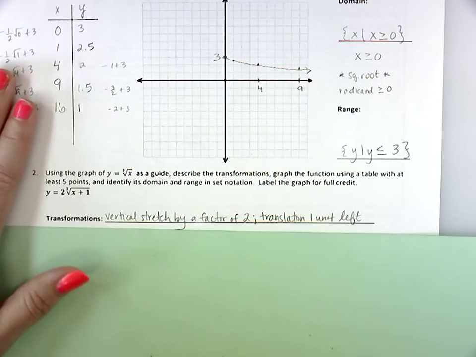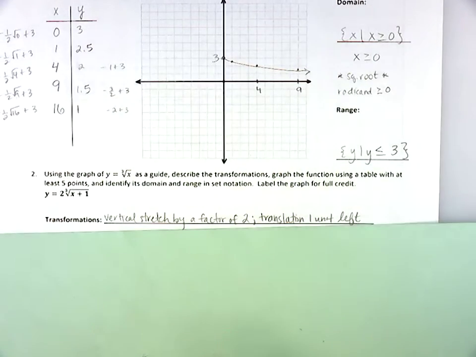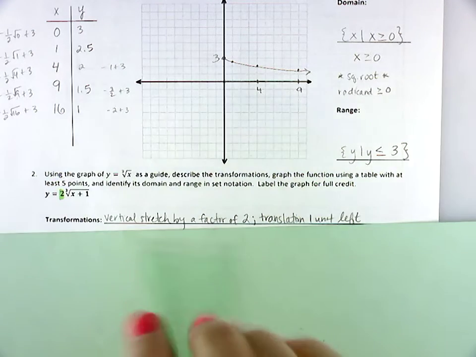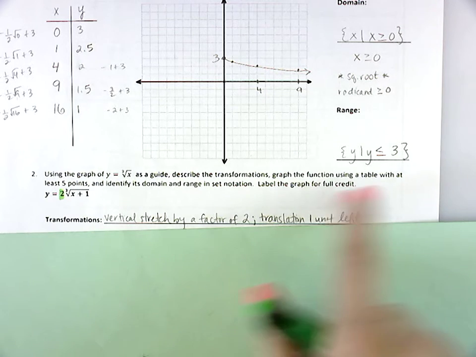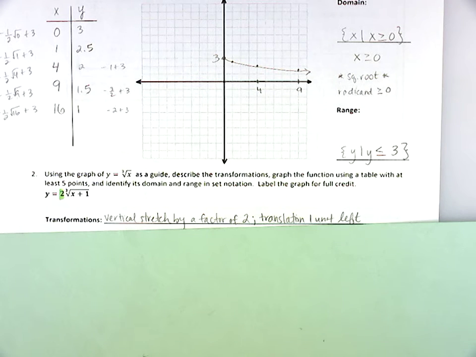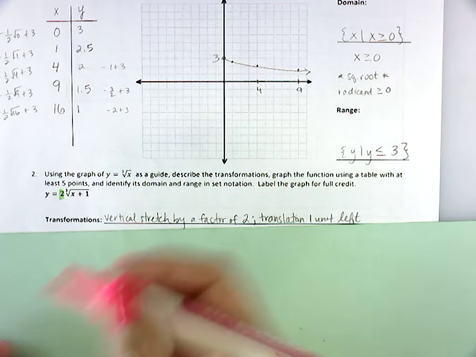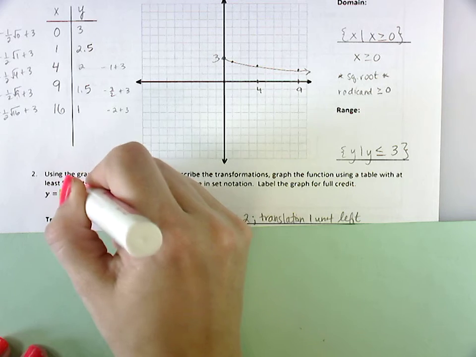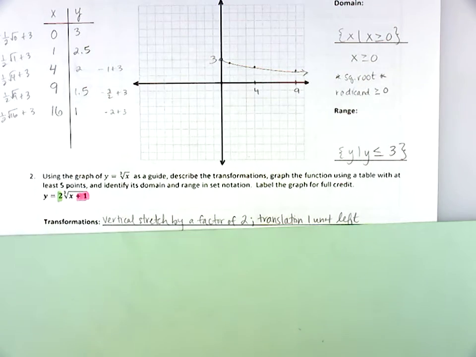Okay? Now, for the cube root, again, I'll do the highlighting where you can see the extra things that were put in here. And notice that this one says make a table with at least 5 points. The one before that said at least 4 points. And then I also have this +1 here.